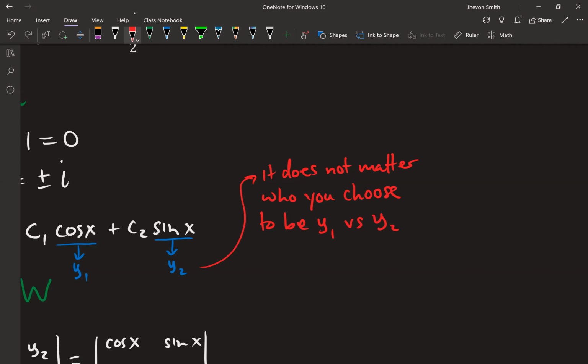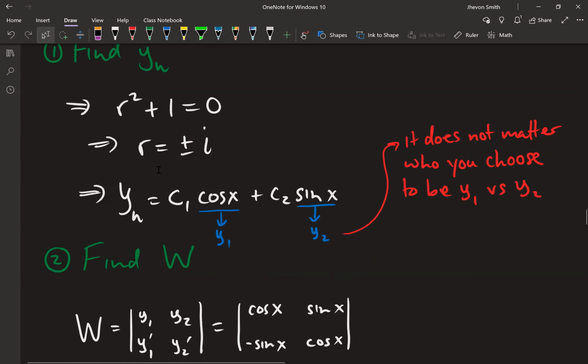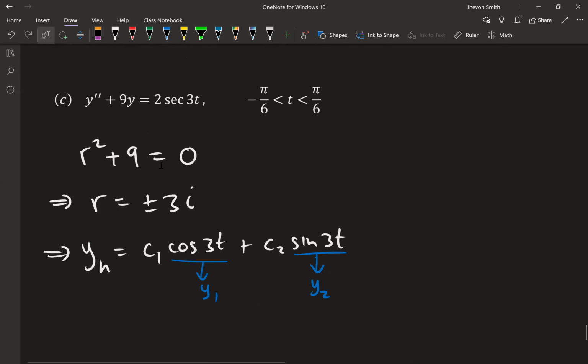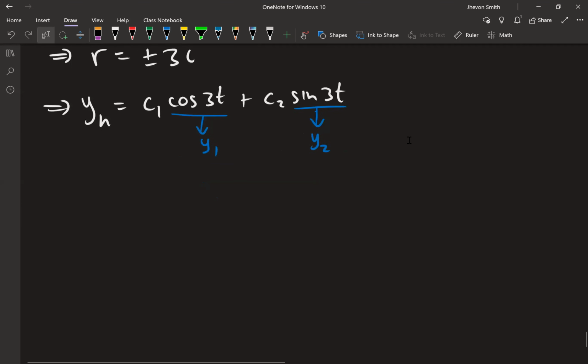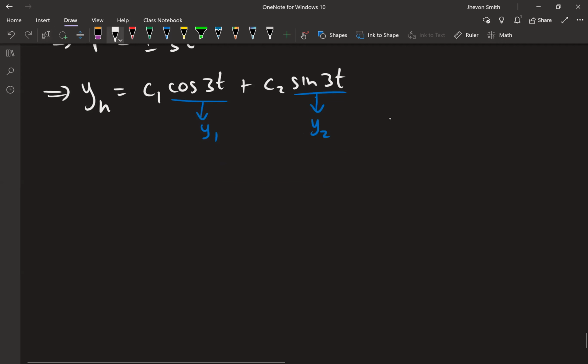If someone chose the y1 to be the sine and the y2 to be the cosine, it's still fine. Because the only thing that's going to result in is a sign change, and we don't have to worry about sign changes because a constant times a solution is a solution. Okay, so arbitrarily I chose the cosine to be the y1 and the sine to be the y2.